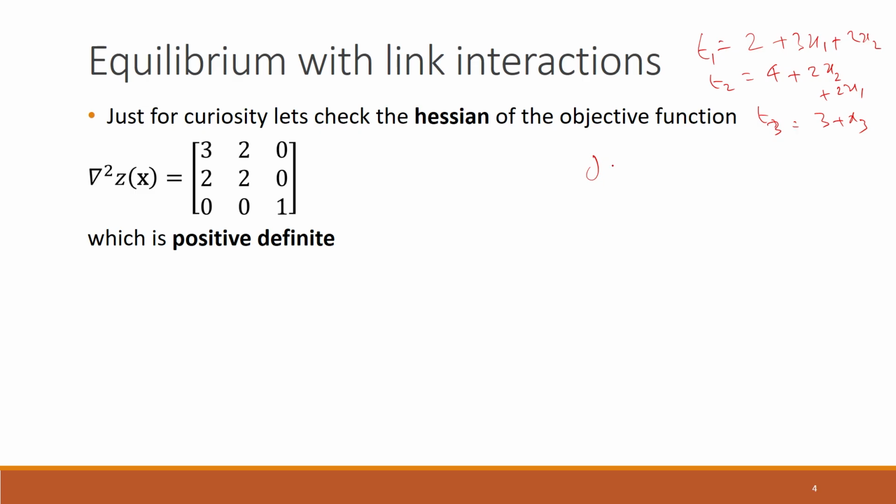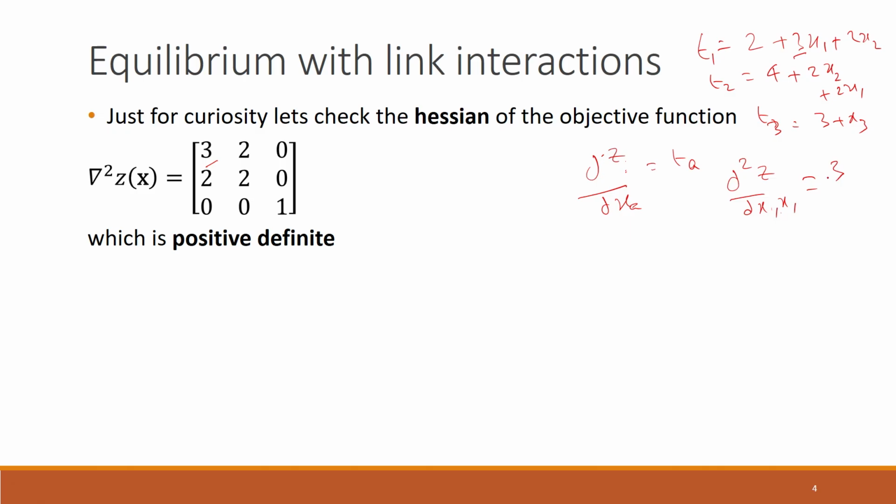So this is dz, the derivative of the objective function with respect to the flow on any link A, which is equal to the travel time of that link A. This value is then the second derivative of the objective function with respect to the flow on link A, but twice. Since this is link 1, we get this 3 value here.